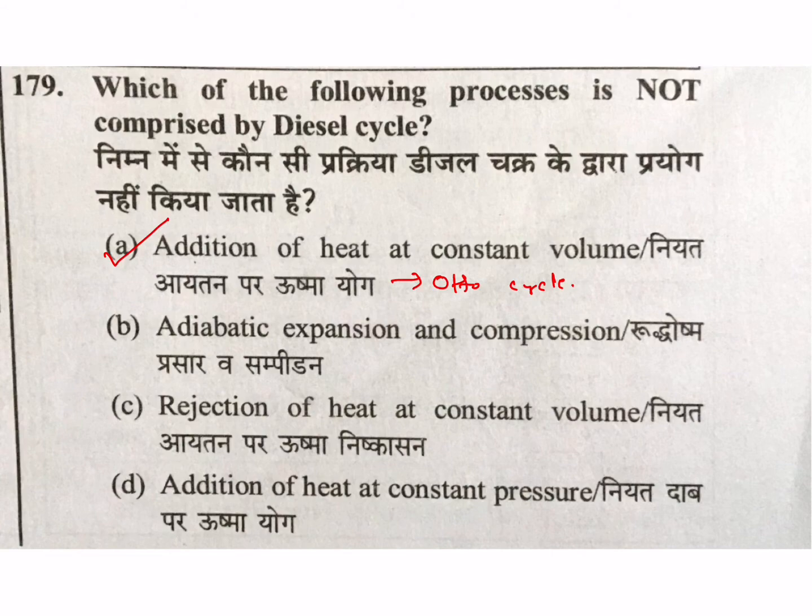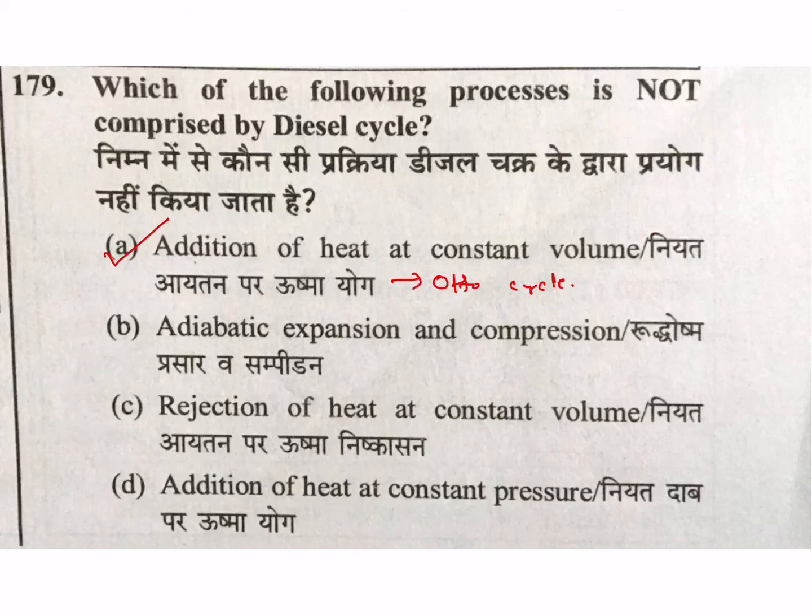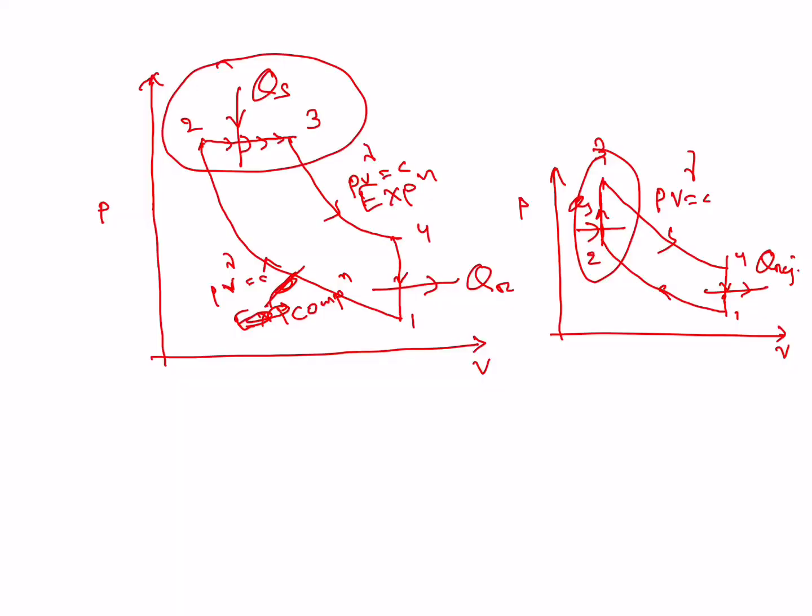Then B, adiabatic expansion and compression. Adiabatic expansion and compression, 3 to 4 expansion and 1 to 2 compression, both in the Otto cycle and diesel cycle. Expansion and compression are both adiabatic or isentropic, reversible adiabatic. Then rejection of heat at constant volume: in the diesel cycle, 4 to 1 is the rejection of heat at constant volume.